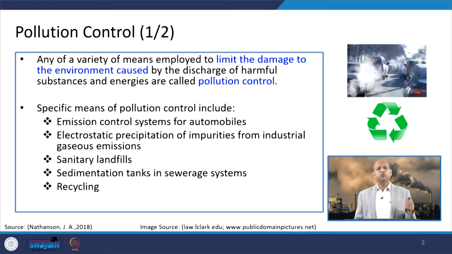And the specific means of pollution control basically include control systems for emission from automobiles or electrostatic precipitators which are called ESPs for impurities, basically particulate matters etc., in industrial emissions. Then if we talk about general pollution issues, then sanitary landfills are also there, which are also sources of greenhouse gases or other pollutants. Then sedimentation tanks in sewage system are the pollution control mechanism basically. Then recycling, reuse, there are many ways basically to control the pollution.